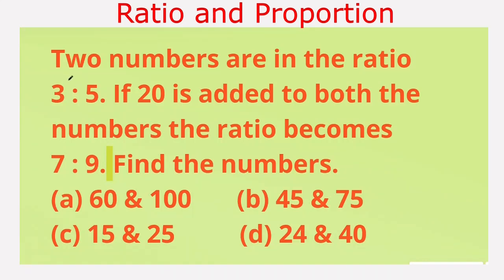Our question is, two numbers are in the ratio 3:5. If 20 is added to both the numbers, the ratio becomes 7:9. Find the numbers. The given options are option A 60 and 100, option B 45 and 75, option C 15 and 25, option D 24 and 40.